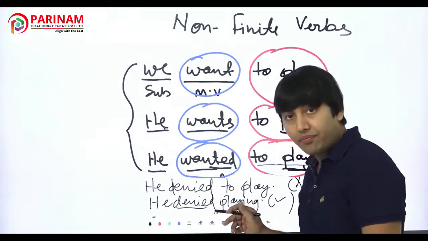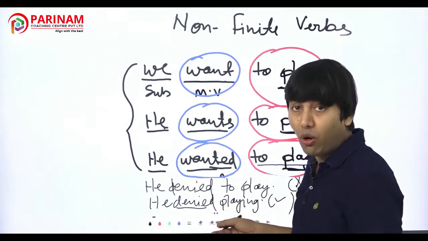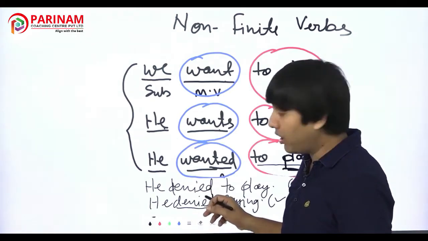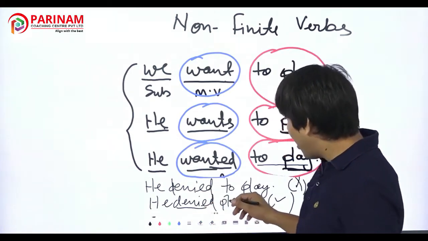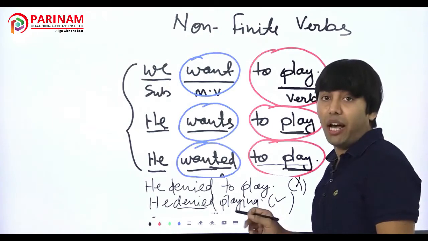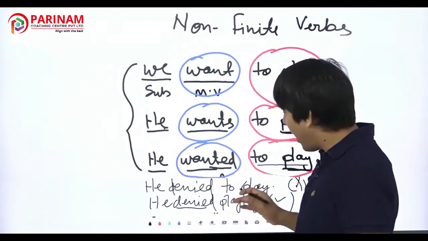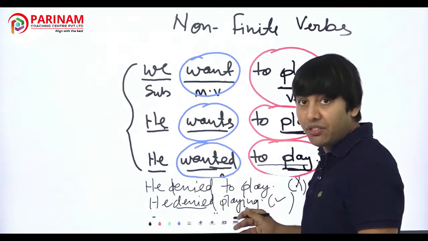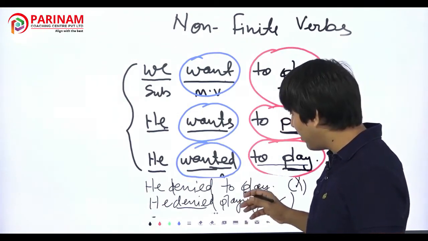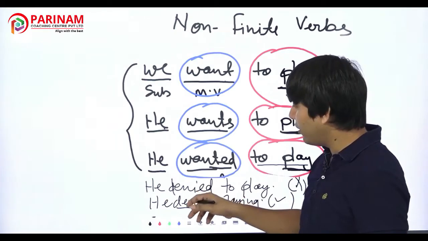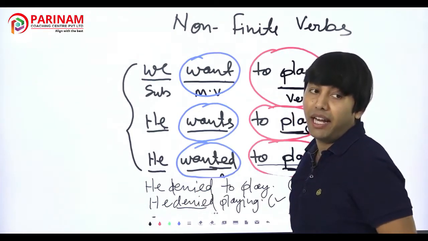If this would have been used according to the tense of the sentence, then I should have written played over here. But I haven't done so. I have written playing. That means this is non-finite verb. This is not used according to the tense of the sentence.